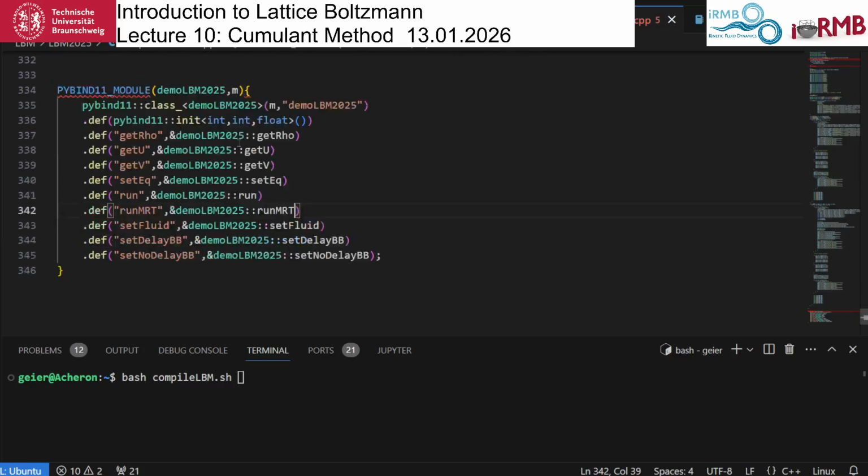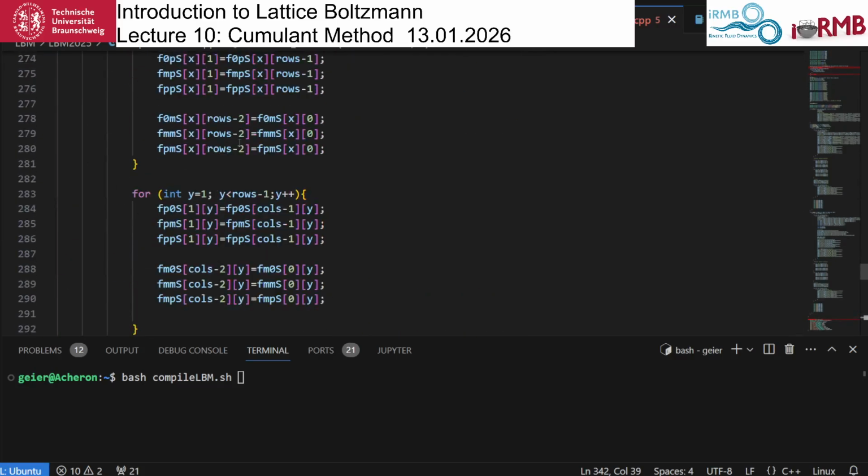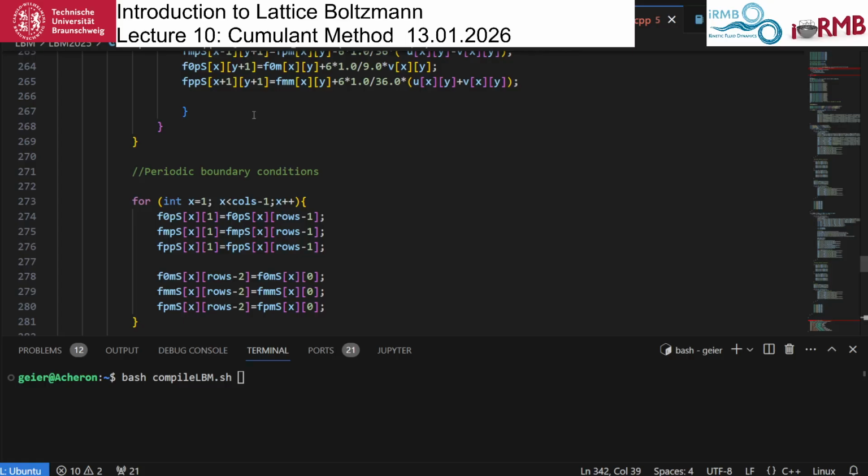I told you computing cumulants can be pretty difficult, in particular in 3 dimensions. Now this is a 2-dimensional code, so it's not such a big deal.